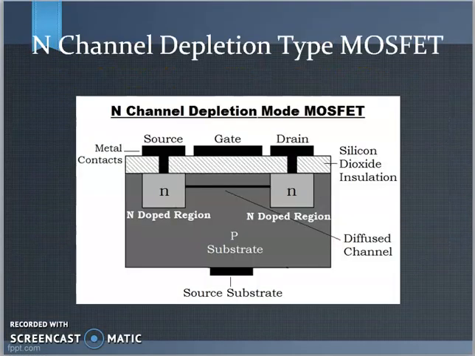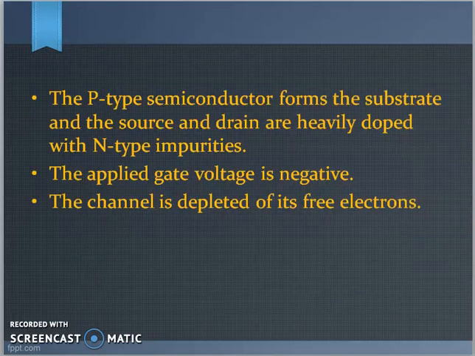Now here N channel depletion type MOSFET, in this you can see the body is of P type. The P type semiconductor forms the body, and the source and drain are heavily doped with N type impurities. The applied gate voltage is negative and the channel is depleted of its free electrons.